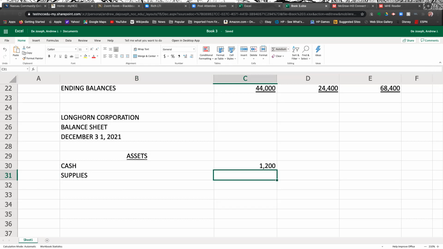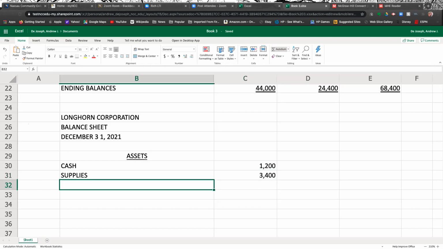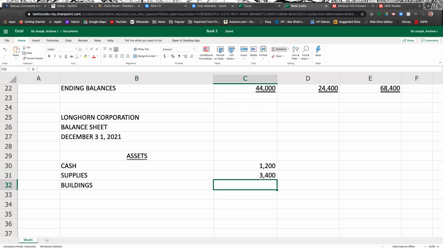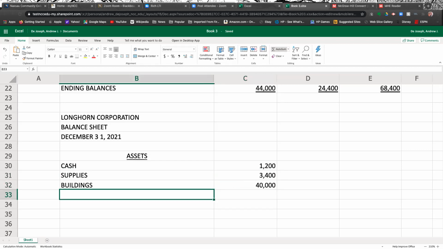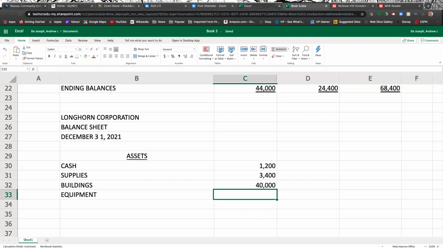All right, supplies is 3,400. Buildings is 40,000. Equipment is 29,000.